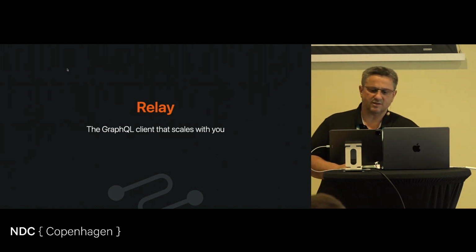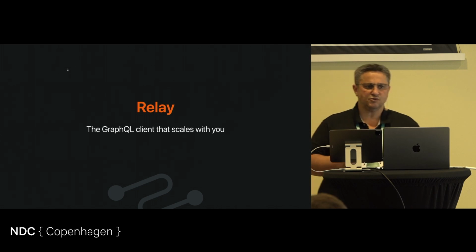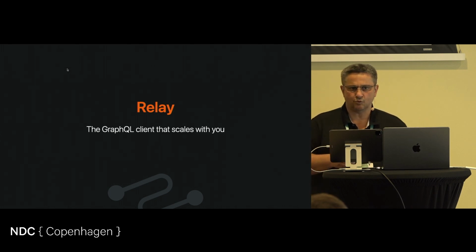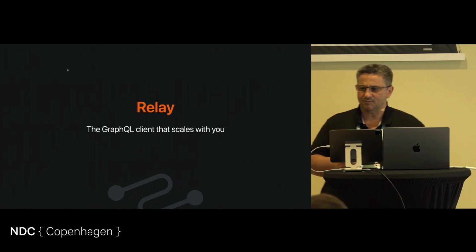Relay is a JavaScript framework for fetching data from GraphQL, and it is for client applications, right? It combines two things: a declarative approach to declare the data that we need in our components, plus a build step, a static optimization.